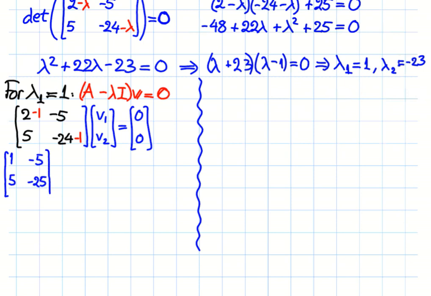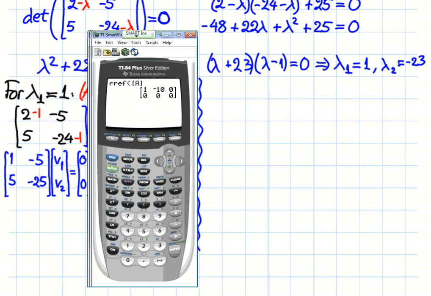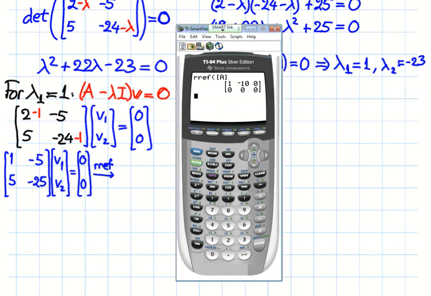Obviously, we see the second row is 5 times the first row, so the elimination is easily done. But I just use the calculator here because later on when we have 3 by 3, it will be easier if we know how to do that on a calculator. I do it 2 different ways too.